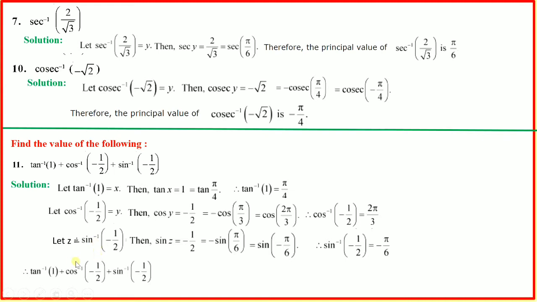This is the question: tan inverse 1 plus cos inverse minus 1 by 2 plus sine inverse minus 1 by 2. Now the value of tan inverse 1 is pi by 4, which goes here. Next is 2 pi by 3 in place of this. And then last is minus pi by 6.